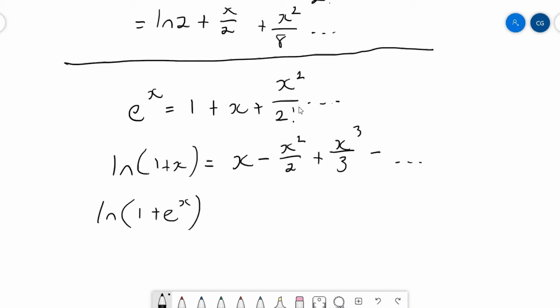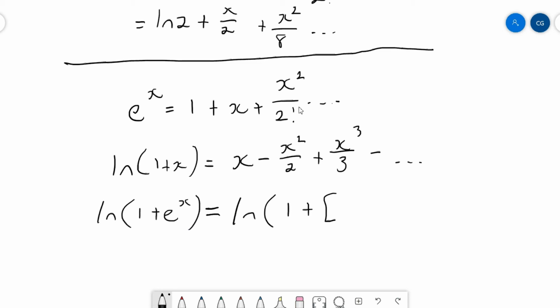So if we want to do this, let's first go and rearrange and play around with this natural log 1 plus e to the x to make it slightly more familiar what we have. So we can say the following, all right? So we have a natural log, then we have 1 plus. Now let's go and substitute in e to the x, the approximation.